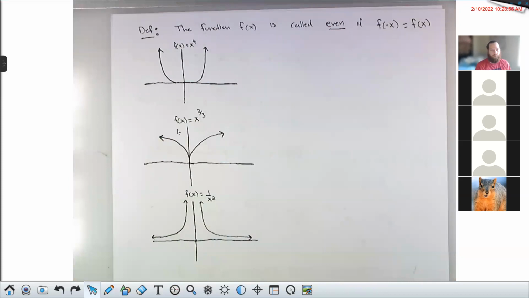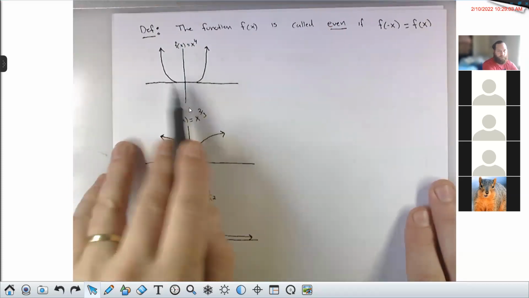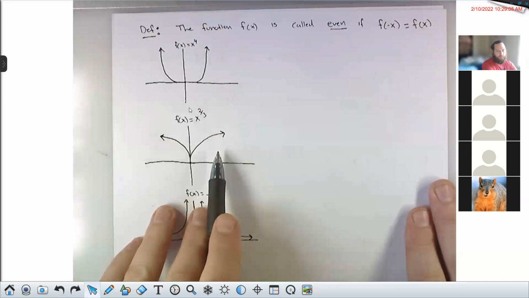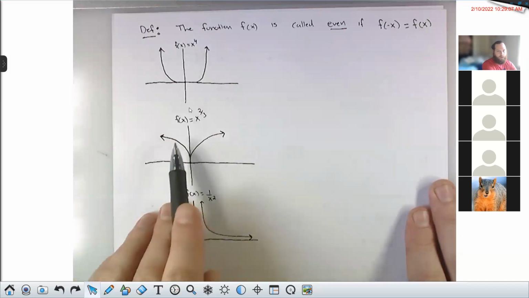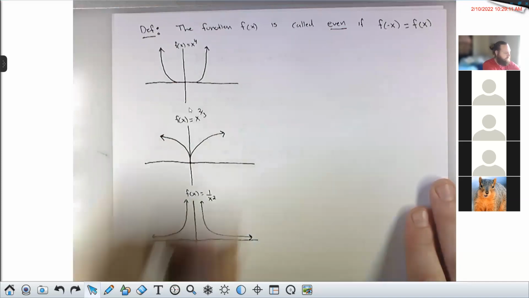And what we see is that all these graphs are symmetric about the y-axis. If you were to fold this graph over the y-axis, it sits right on top of itself.